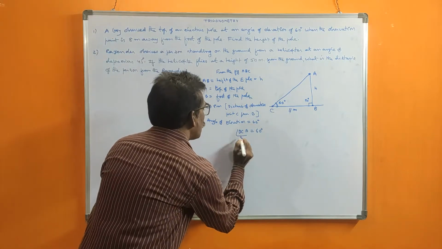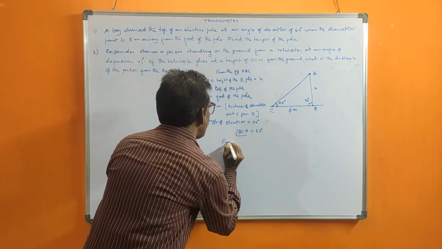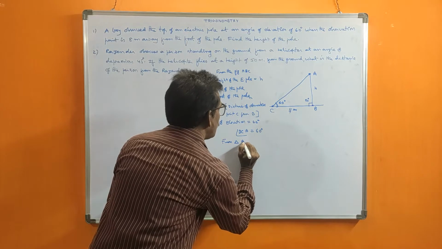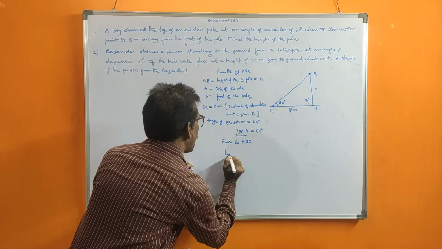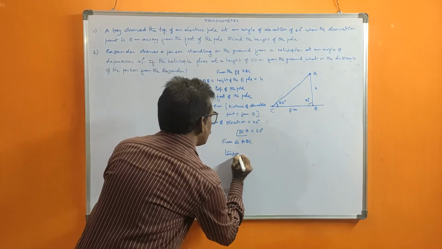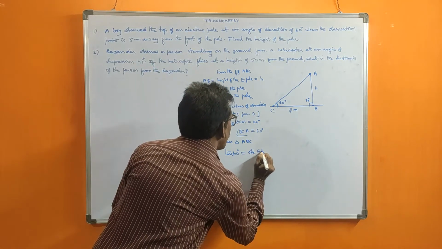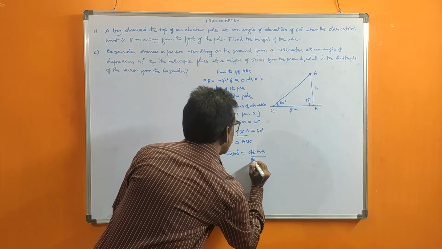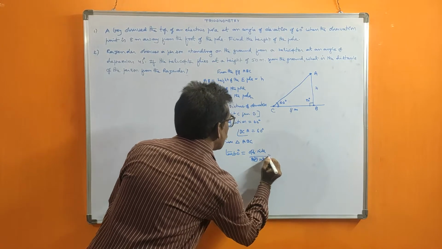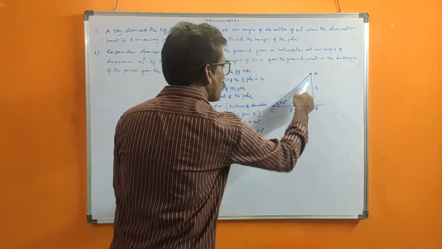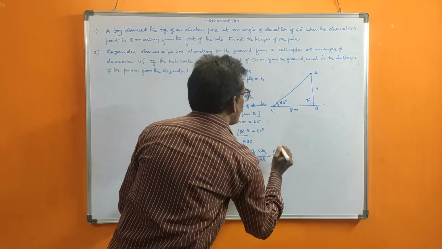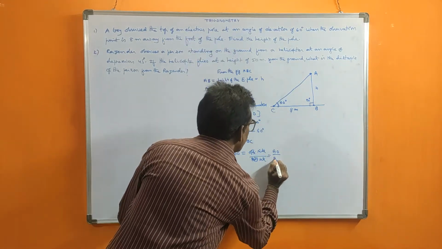Now directly from triangle ABC, we will write tan of 60 degrees is equal to, you write the tan formula first: opposite side by adjacent side. Write the letters: for this, the opposite side is AB and the adjacent side is BC.